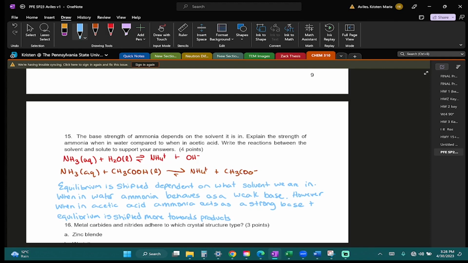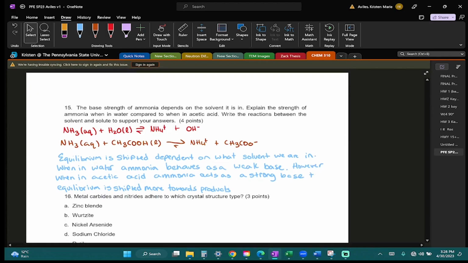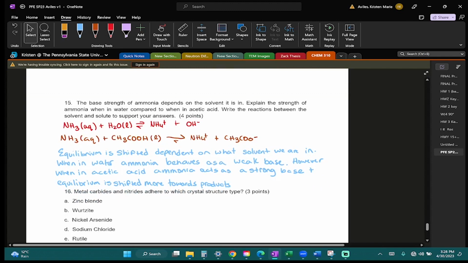And same thing for our acid. The strength of an acid is leveled by the solvent that we have put it in. All right, any questions on that? This is just like another discrimination effect solvent leveling type of question, but with just one thing in different solvents.